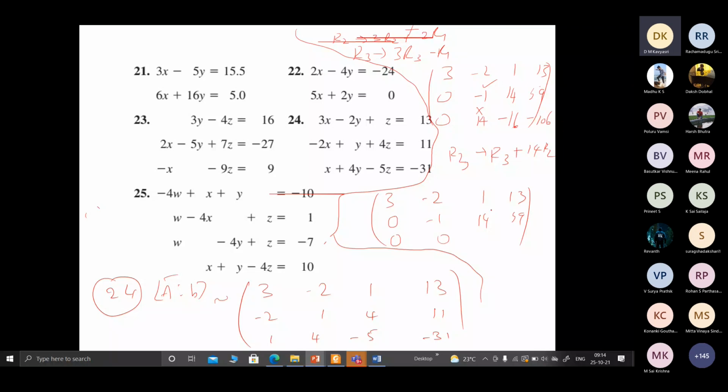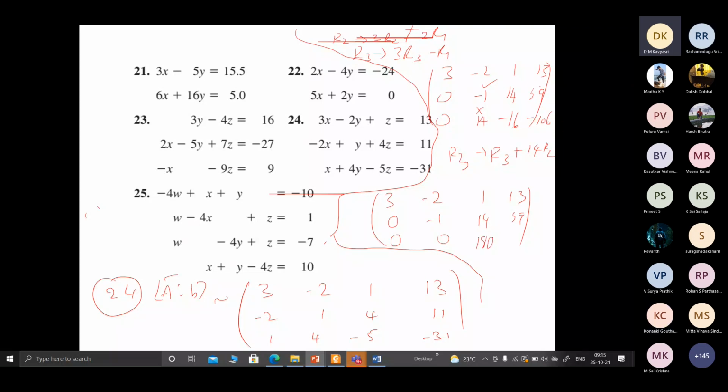What is this entry? 14 into 14 is 196. Minus 16, so 180.